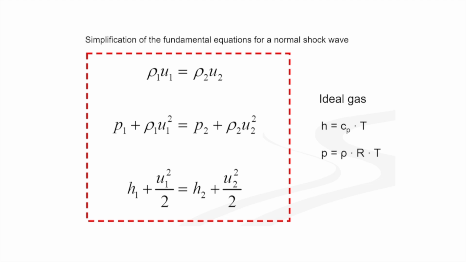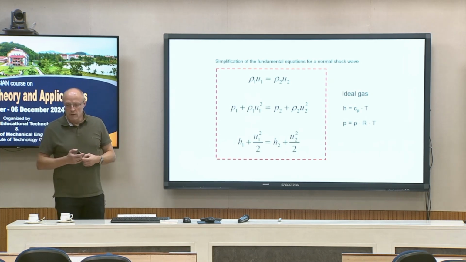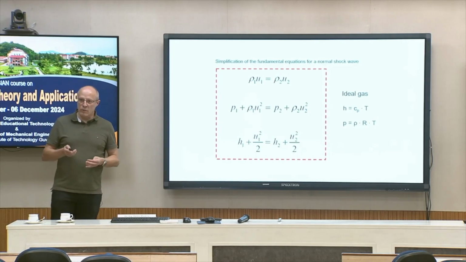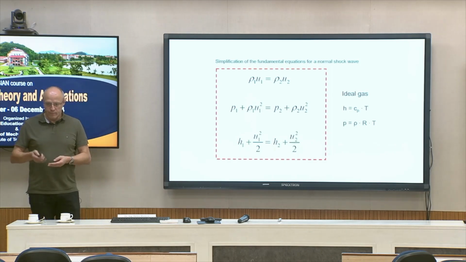When we integrate this, we see this is the outcome: density and velocity before and after the shock, and here enthalpy and pressure before and after the shock, and with the ideal gas relation, we then can calculate the temperature. So we have density, velocity, pressure, and temperature. These are the four quantities we are interested in. So quite simple, quite perfect.